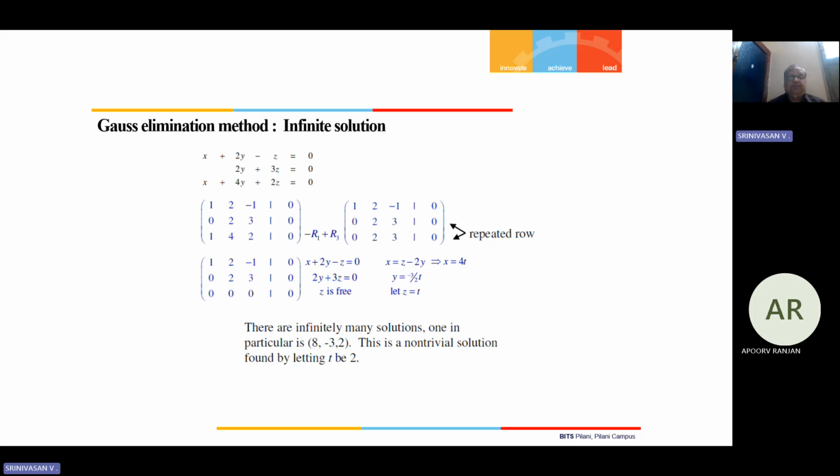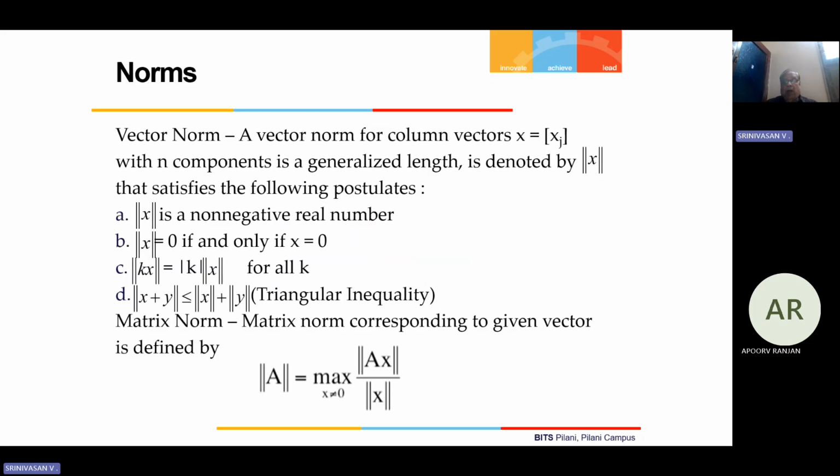These are all possible. Well, now before we go for the next phase of solving system of linear equations by Gauss elimination, especially using partial pivoting in particular, we just go about having some kind of idea about norm. Norm is nothing but something like your absolute value, but it has its own definition.